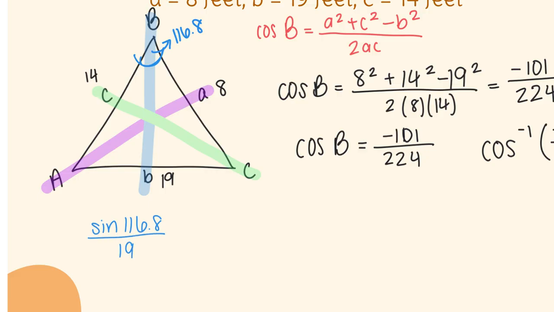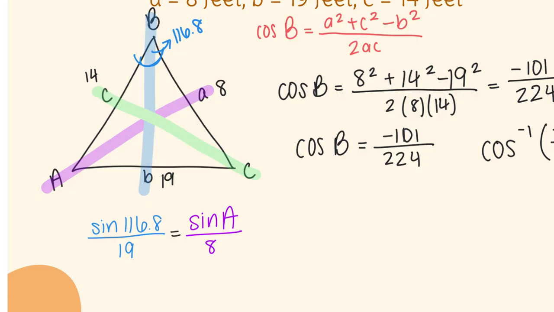So I'm using the pair that I have, and let's go ahead and try and find angle A. So I'm going to set it equal to sine A over 8. Okay, so again, you only have to use law of cosines once to find a pair, which I did. And now I'm just going to use law of sines to find another angle and then solve for my last angle. So that's all you have to do.